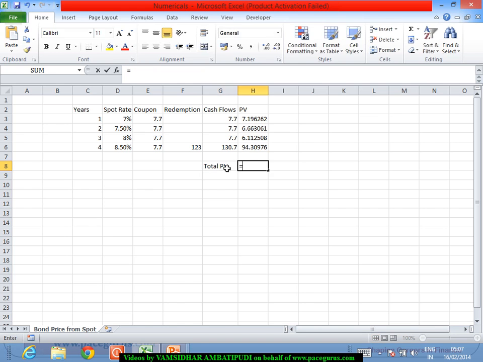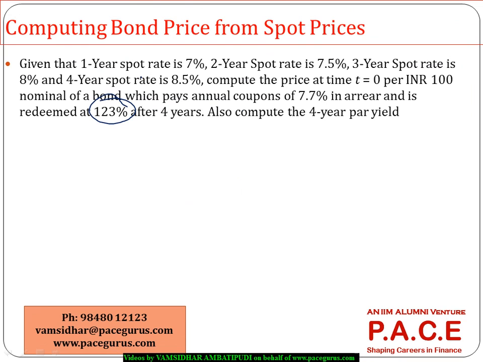The total present value in this case is the simple summation of all these, giving me 114.28 as the value of this bond, per every 100 nominal value of the bond.